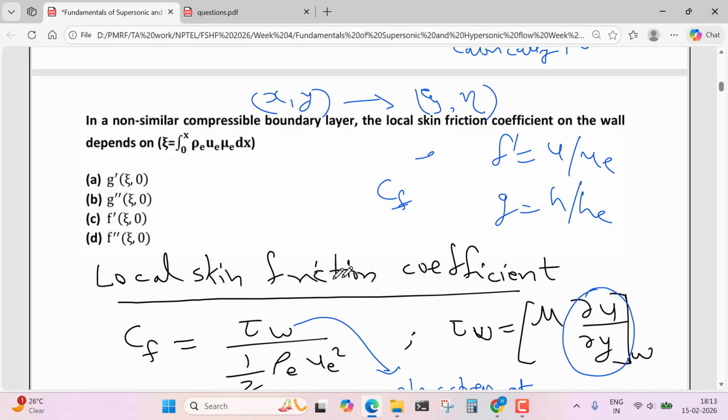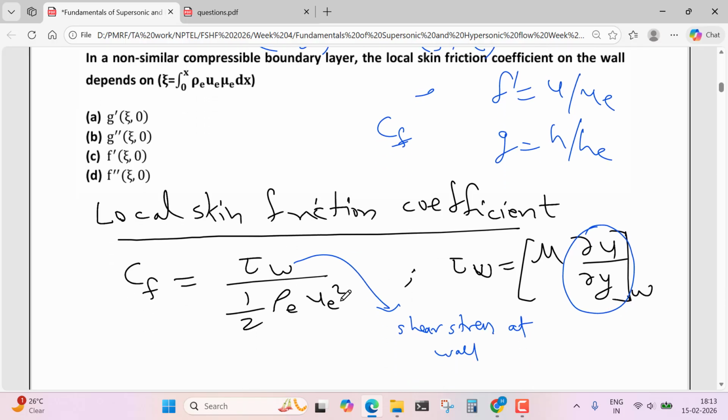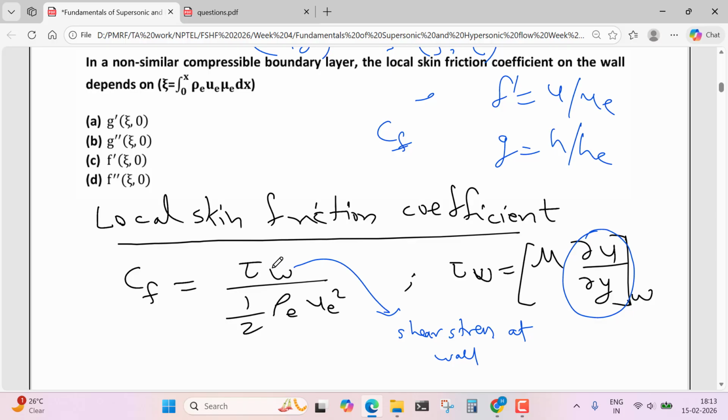So the local skin friction coefficient is given by Cf equal to tau w upon half rho e ue squared, where tau w is the shear stress at the wall. And tau w is given by mu times dou u by dou y at the wall.